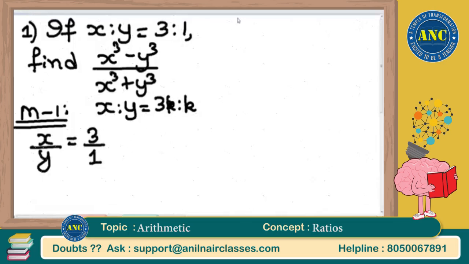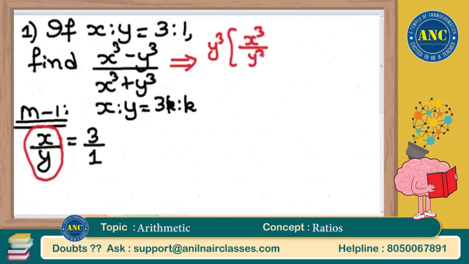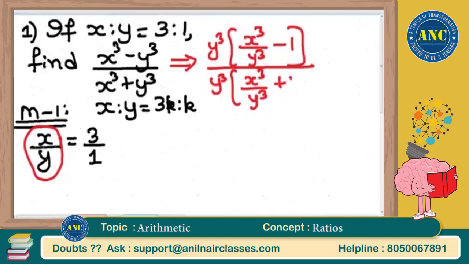What are they asking in the question? X cube minus y cube divided by x cube plus y cube. That means try to express the given expression in terms of x by y. If I take y cube as common factor, this becomes x cube by y cube minus 1. In the denominator also, if I take y cube common, it becomes x cube by y cube plus 1.